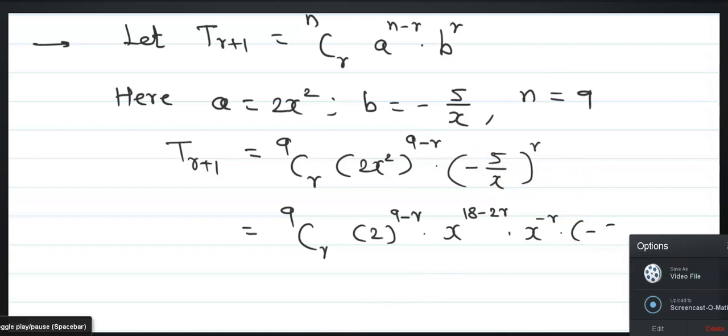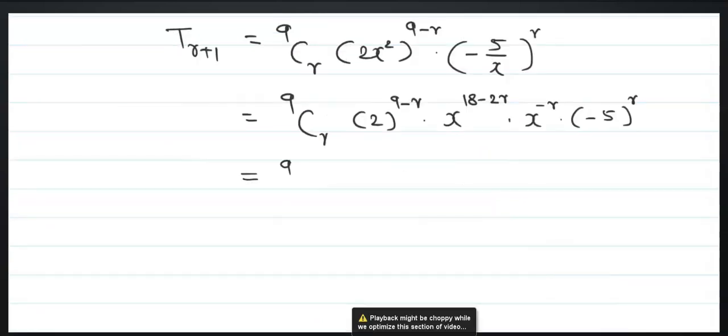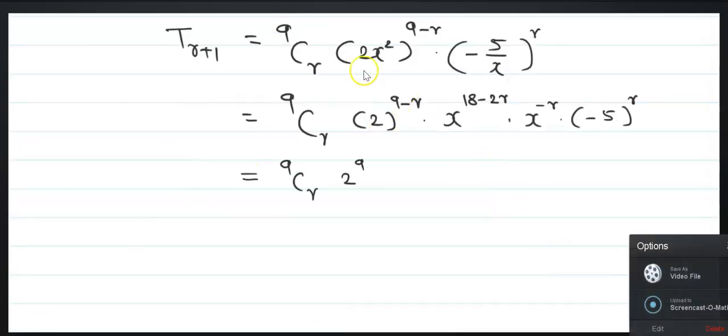Now, you can see this. This is important. That is 2 raised to 9 minus r, x raised to 18 minus 2r, and here is 1 upon x raised to r, means what? x raised to minus r, and the minus 5 sign we have taken here. Now see the calculation.